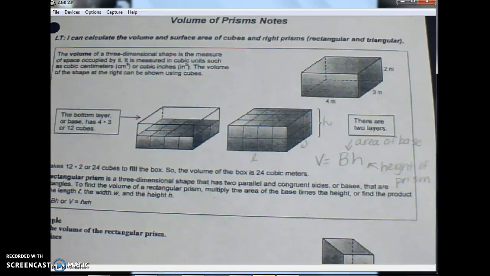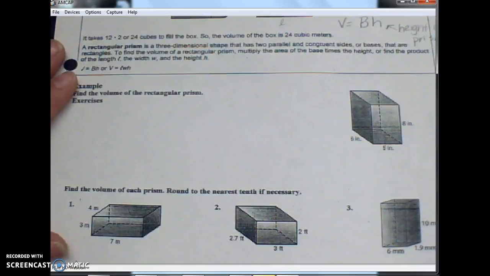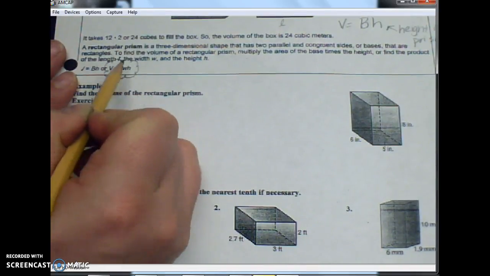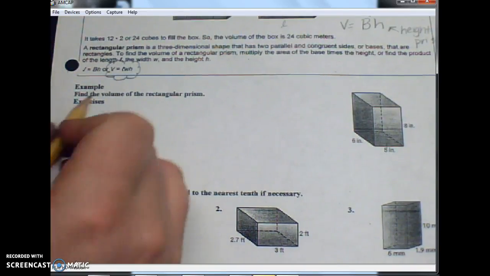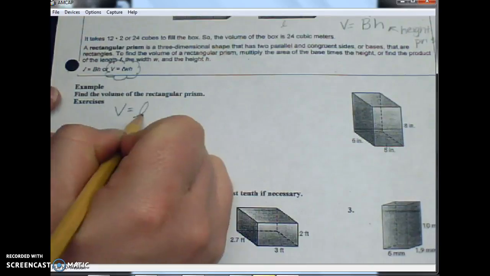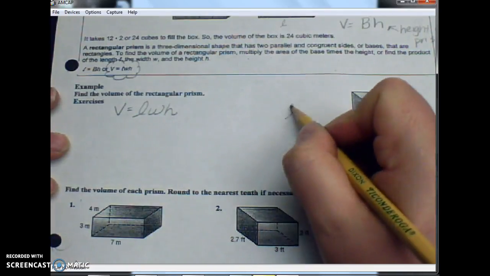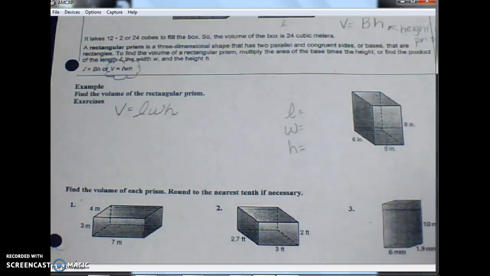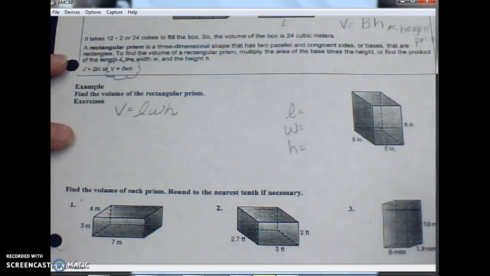So when we go through and look at our rectangular prisms, the volume for a rectangular prism is length times width times height. We're going to take our formula, volume equals length times width times height, and determine, just like we did with rectangular prisms when we found surface area, what our length, width, and height are.